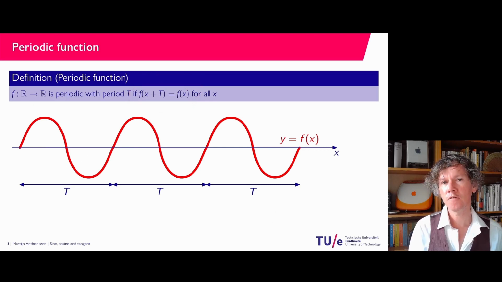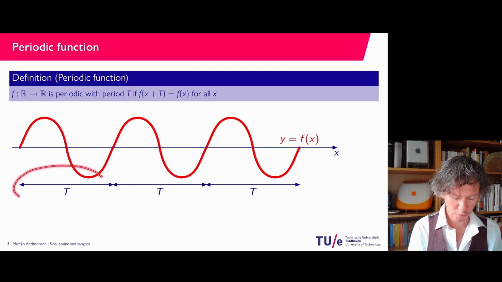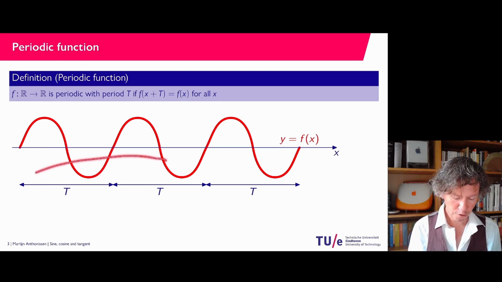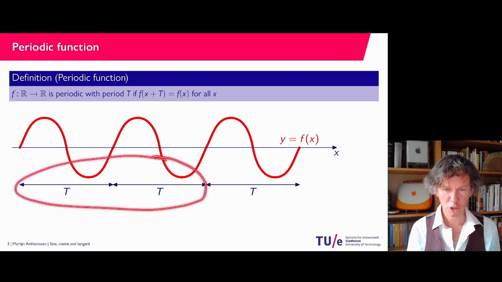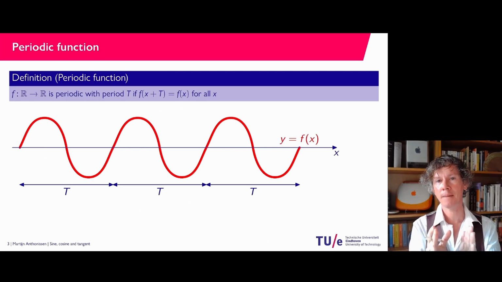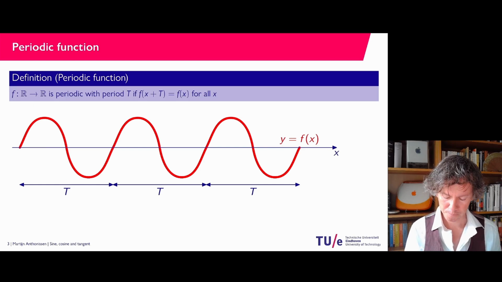What you immediately see from my plot is that if the function is periodic with period capital T, it will also be periodic with period 2 times capital T, 10 times capital T, whatever. So what we in general do is we take the smallest capital T for which the function starts repeating itself.